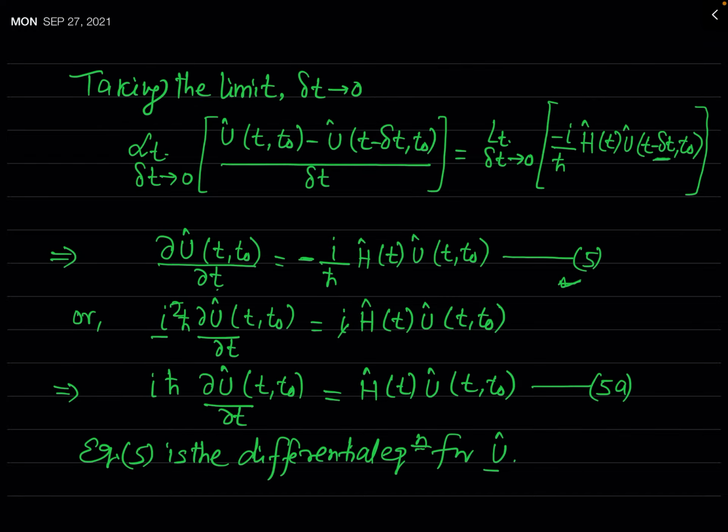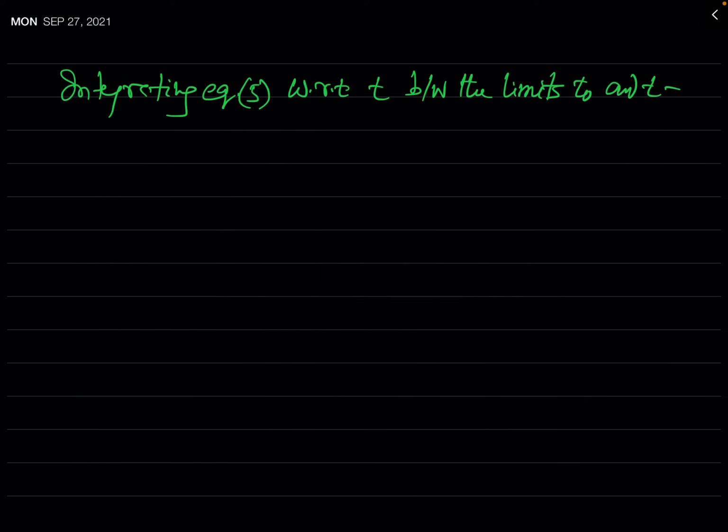What will be our result? You can see, I have to integrate this equation 5 with respect to t. So see the equation, and now in another page I am just integrating it.